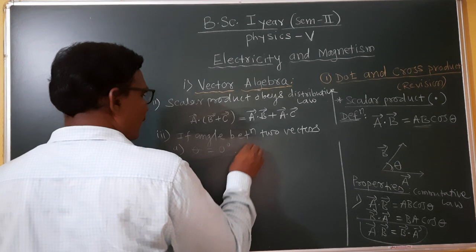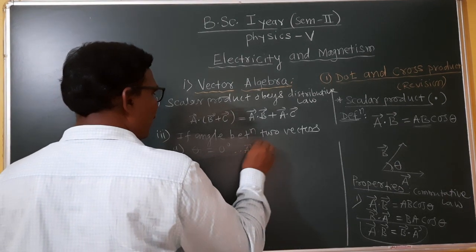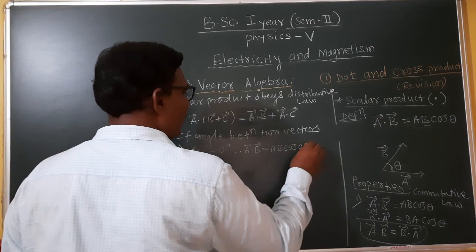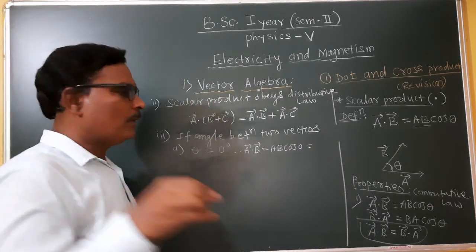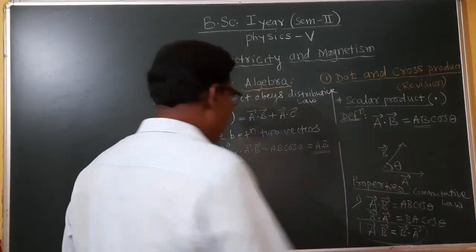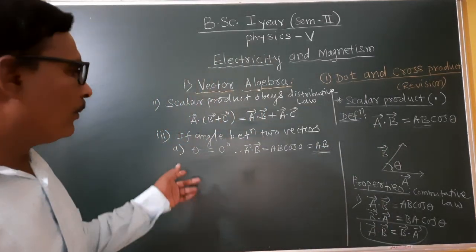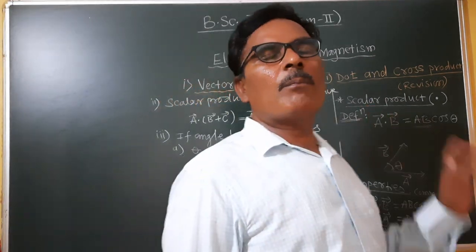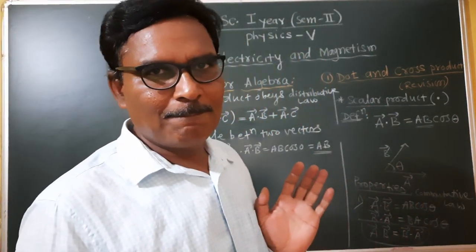Therefore, A bar dot B bar is equal to AB into cos 0. And what is cos 0? That is 1. So it is equal to AB. If the angle between two vectors is 0, the scalar product of two vectors is equal to the product of the magnitudes of the two vectors only.